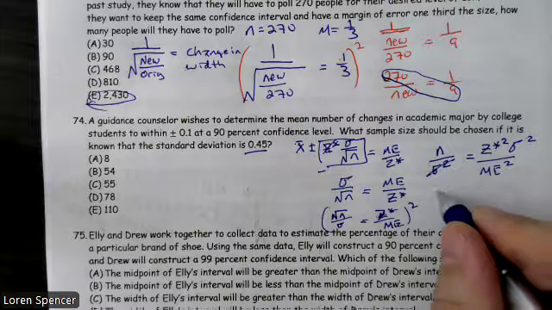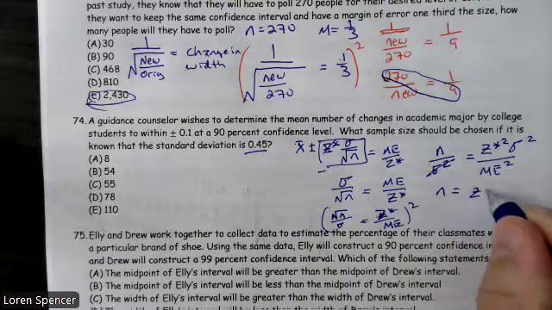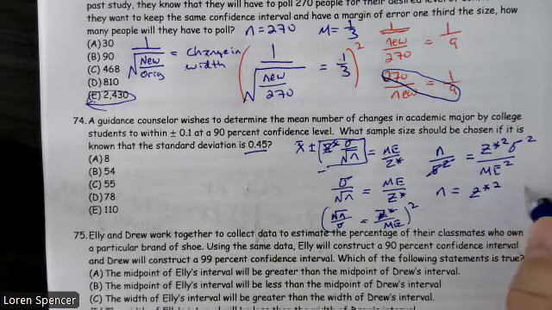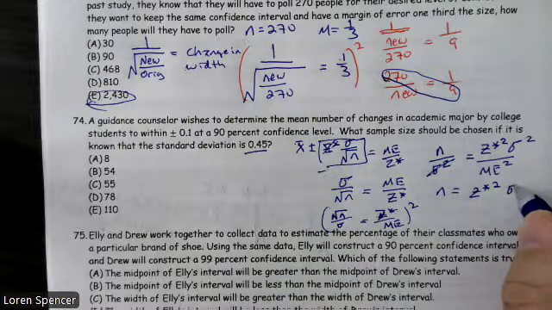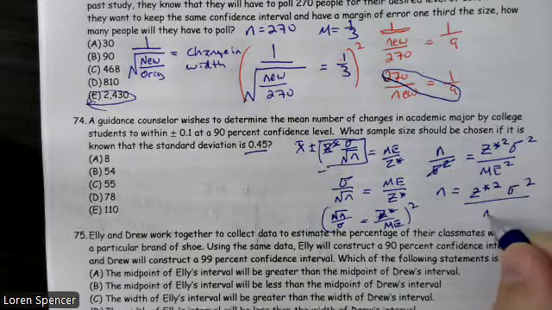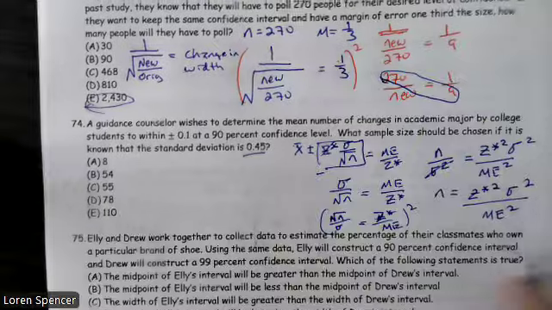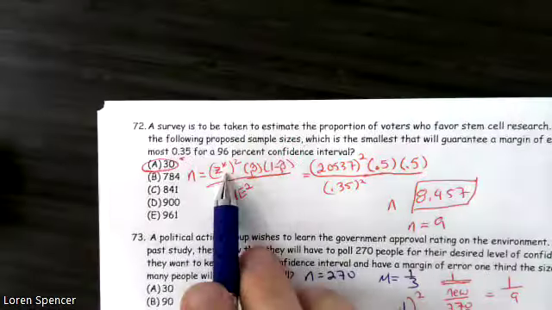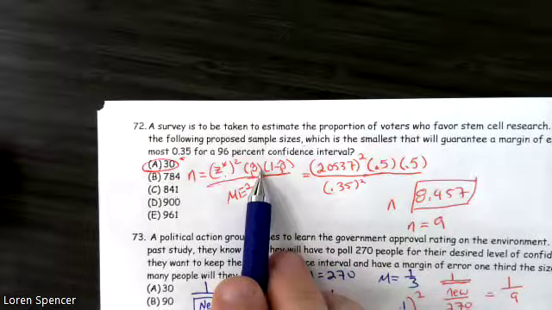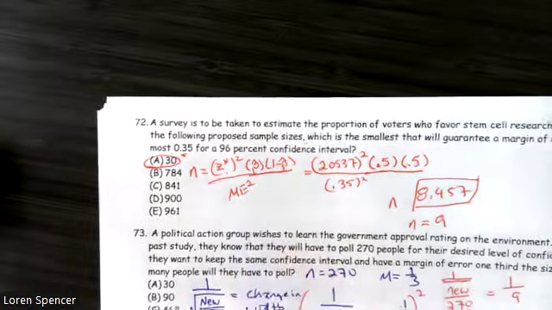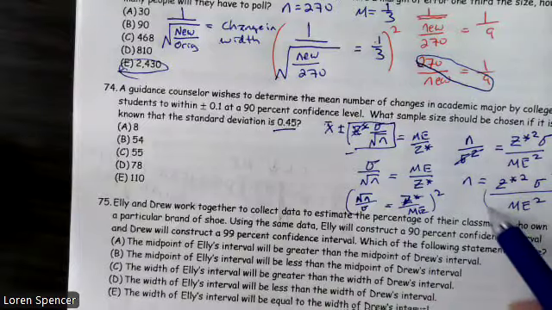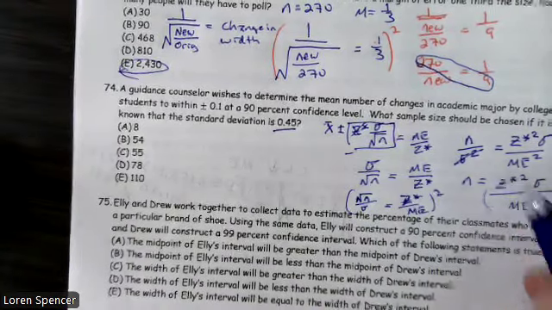Now, the reason I went through all of this is I wanted you to see how this related to our prior formula that we used. Because our prior formula, the only difference was instead of having standard deviation squared, we had P times 1 minus P. And here, this is what we end up with, okay?